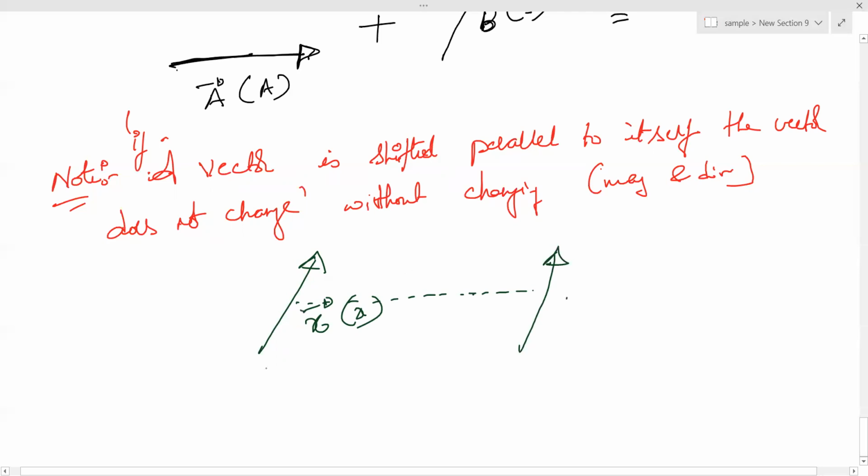Like this you can shift, or otherwise parallelly like this you can shift. So no direction is changing. This direction only, this direction only. So if you are shifting parallelly without changing length and direction or orientation, the vector will not change. The vector remains the same vector.